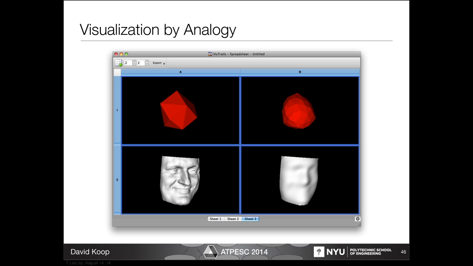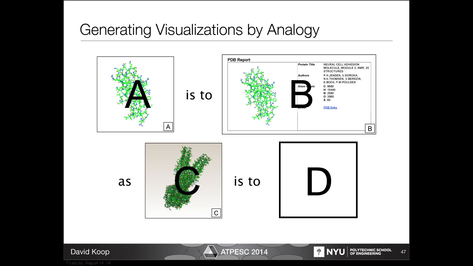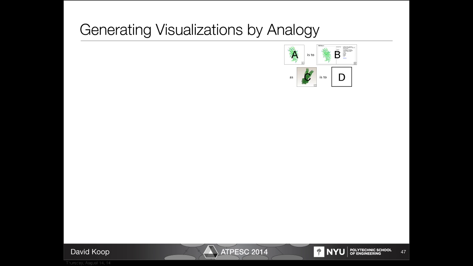Because we have not only the workflows, but also the actions that transform the workflows in the upper row together, you can think about this like analogies. So you have a result, A is to B, and you want to take this improved visualization in C and generate the same sort of result here. This would be easy if everything lined up exactly.